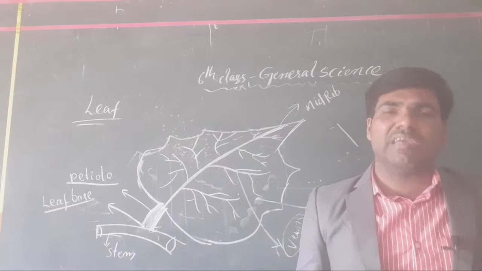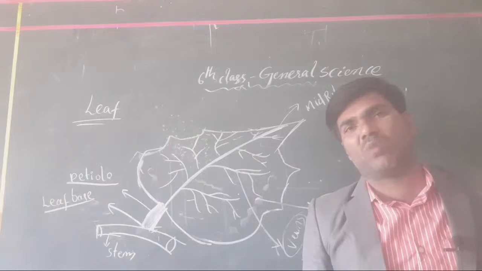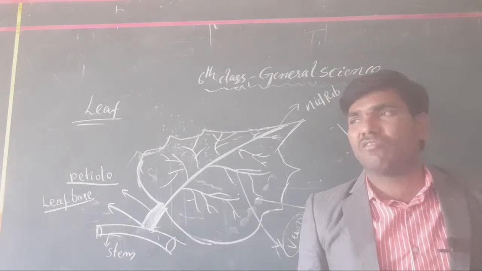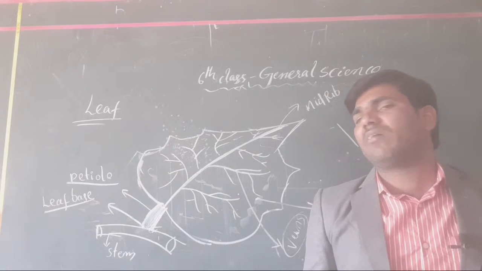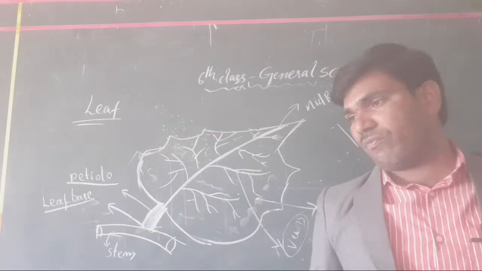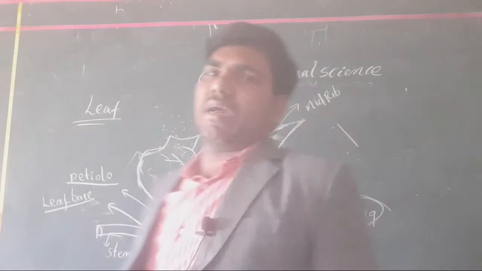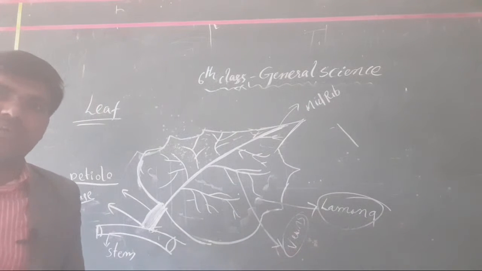Initially they contain the leaves, but those leaves disappear and it converts into a stem. Like that, so many plants are there. Like that, what will every leaf contain? Lamina is compulsory and the veins are also compulsory.